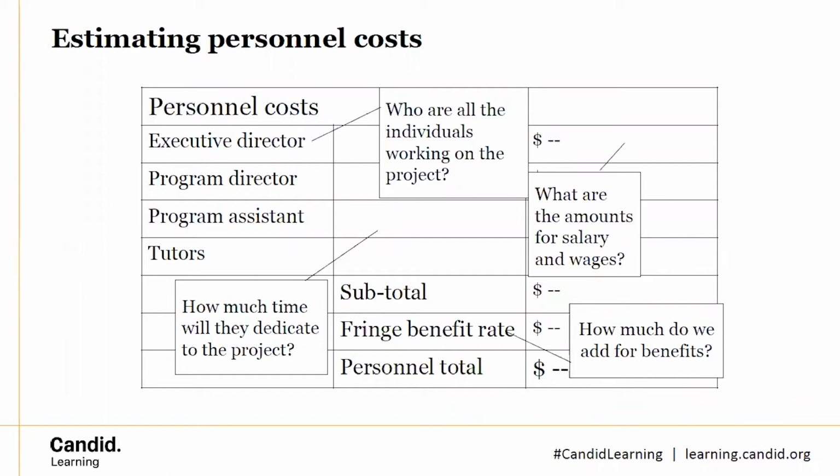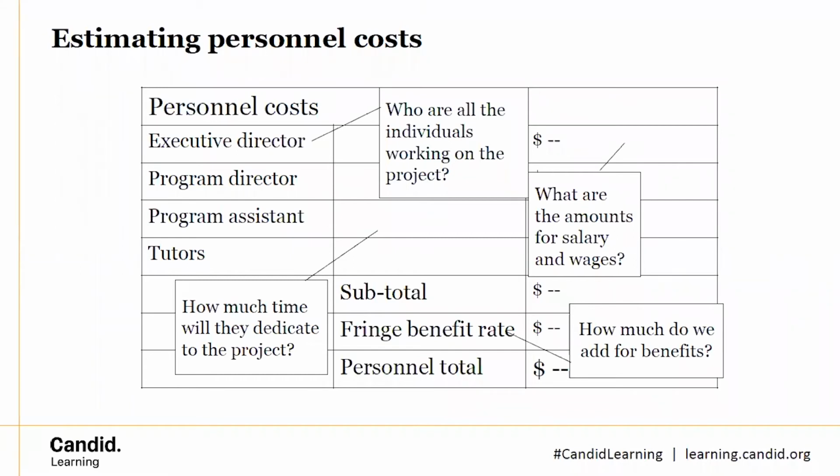You need the right people to manage, implement, and oversee your project, so that it runs smoothly. So you're going to list all of the employees who are working on the project. You are then going to estimate how much of their time is dedicated to that project. If it's your executive director, for example, they may only spend 10% of their time on this project.